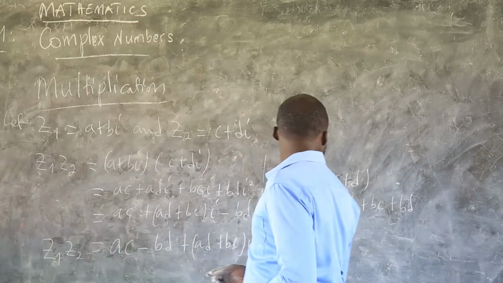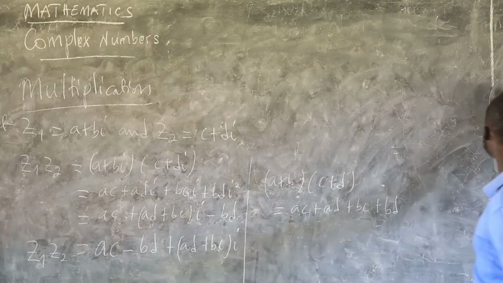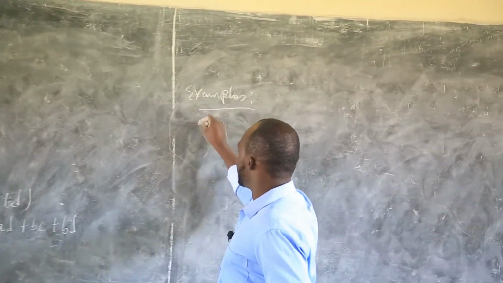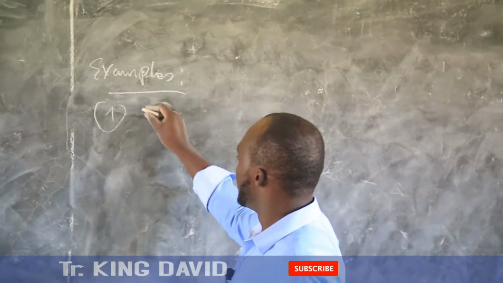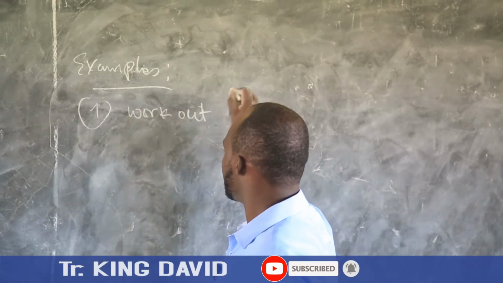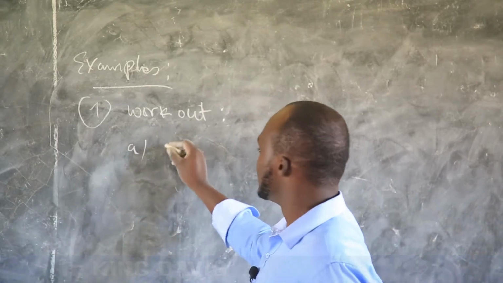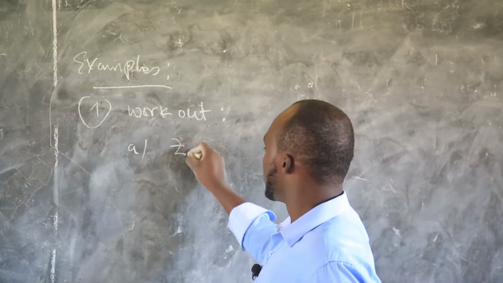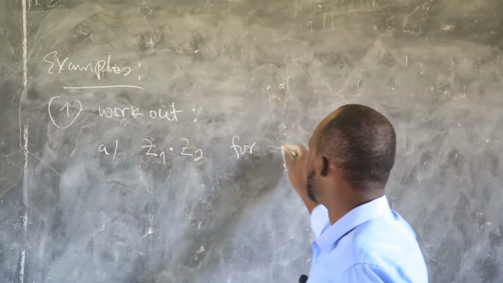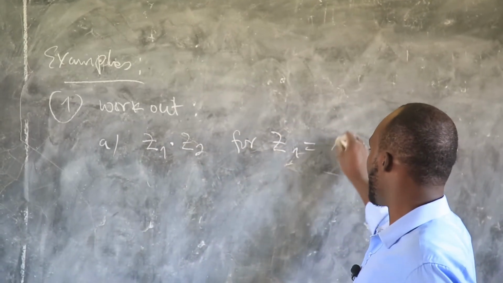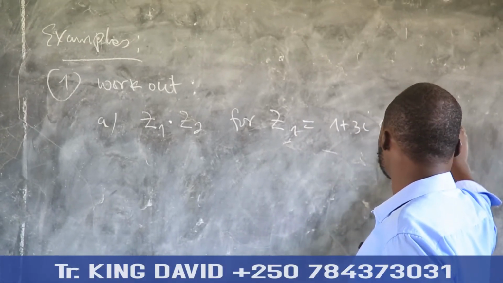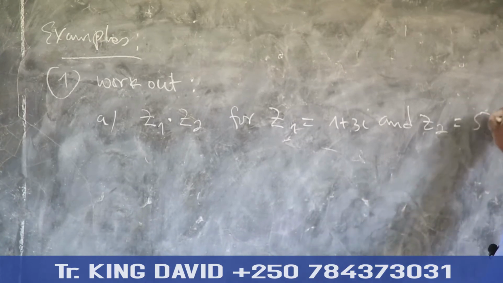So let's have examples. Work out, A, Z1 times Z2 for Z1 equal to 1 plus 3i and Z2 equal to 5 minus i.